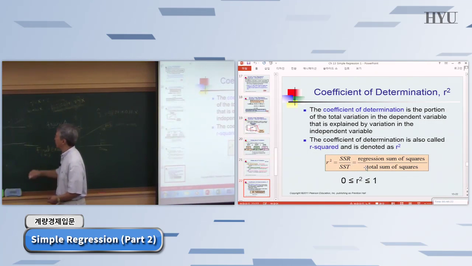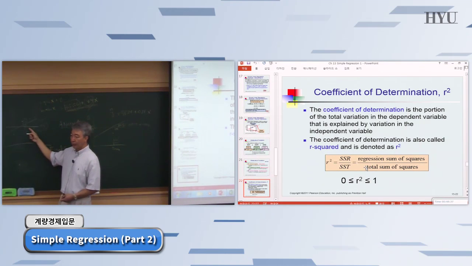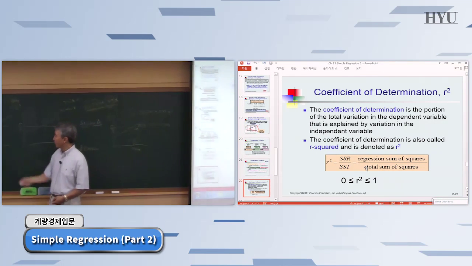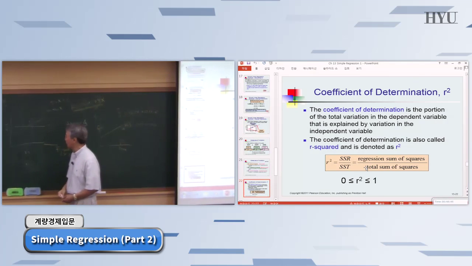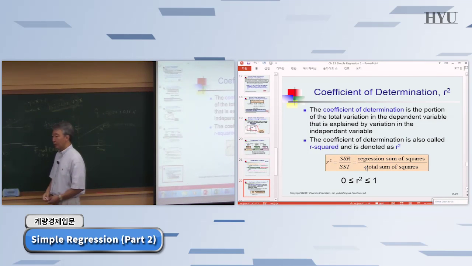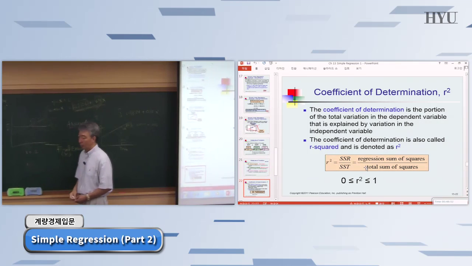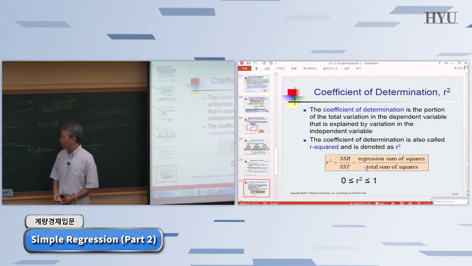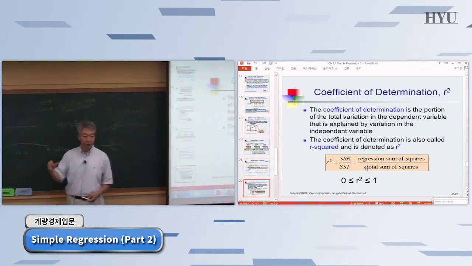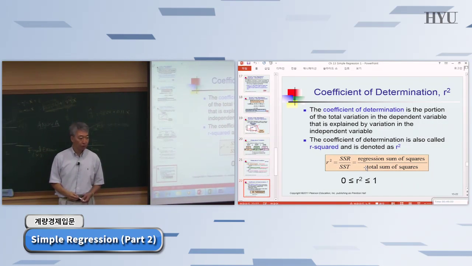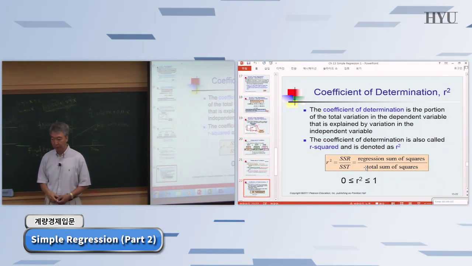Then this is the total deviation. Explained deviation is only this much, and unexplained deviation is that large. So if you calculate R square in this example, it's going to be relatively low. If you calculate R in this case, it's a positive correlation, but you may get something like 0.2 or 0.3, because obviously data points are scattered in a wide range, and you don't have a really strong linear correlation.